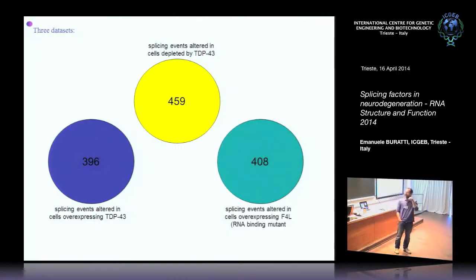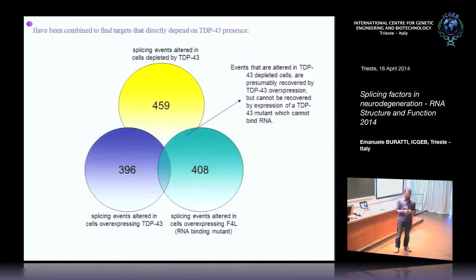And the last data set was the splicing events that were altered when Tdp-43 expression was recovered, but not with a wild type, with a mutant. And so the idea is, because these microarrays give you several hundred results, to use these data sets to very much reduce the number of potentially positive hits.